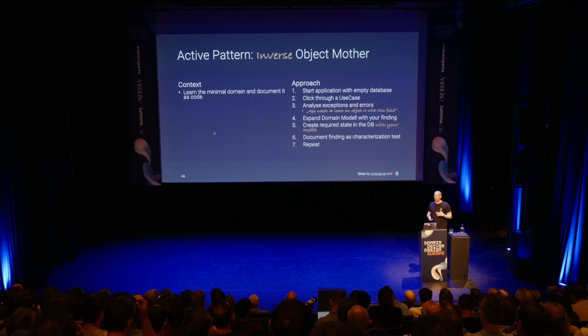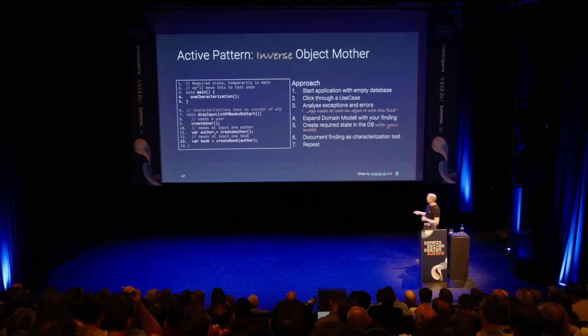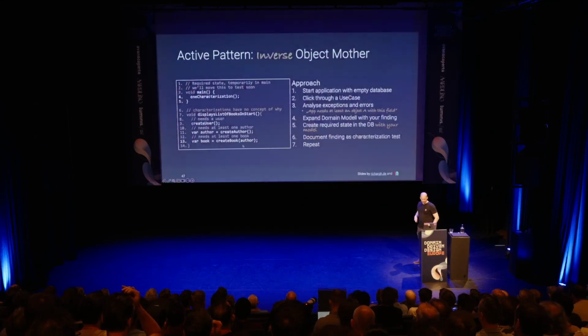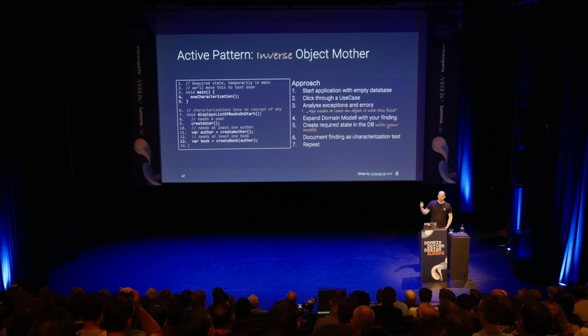And you do this using simple factory methods like this: create user, create author, create book. And you figure out what is the object mother or the object mothers. Kind of like the other way around. Normally you would do object mother if you need to write a test. Now you just do it to figure out what is my domain at all.